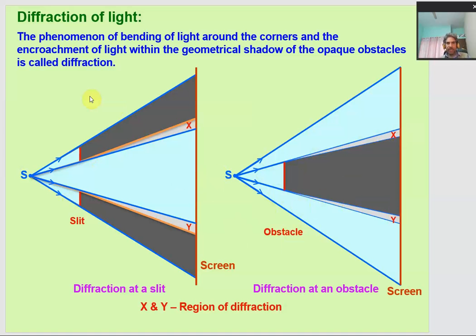He defined diffraction of light as the bending of light around the corners or edges of objects and hence illuminating a larger portion of the screen. You can remember it in that way; that will be easy to remember. So this is what diffraction of light is according to Huygens, as observed in these two situations.